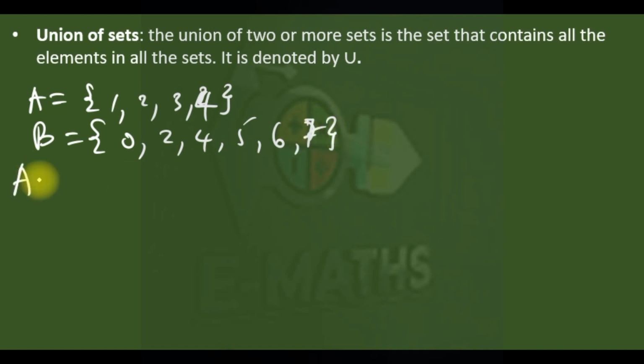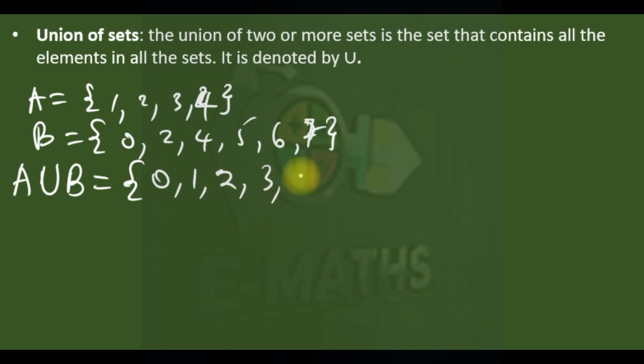To get A union B is like joining the two sets. So we start: there is 0, there is 1. Remember that we don't repeat elements. So there is 2, there is 3, there is 4, there is 5, 6, and 7. So that's it. If you notice, for A 1, 2, 3, 4, for B 0, 2, 4, 5, 6. So that's the union.